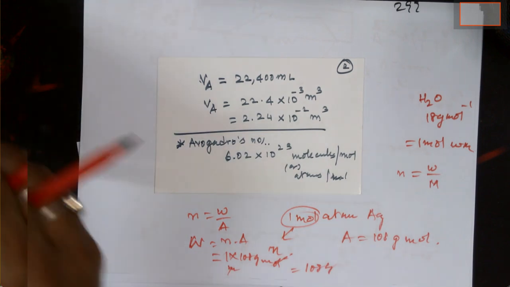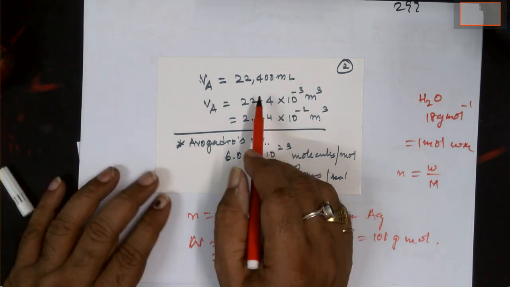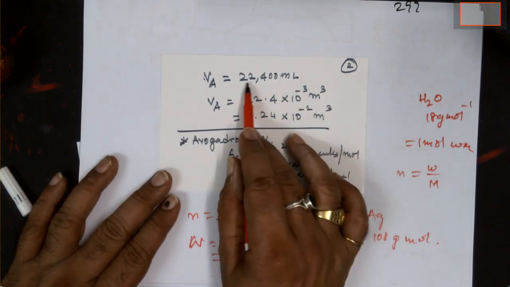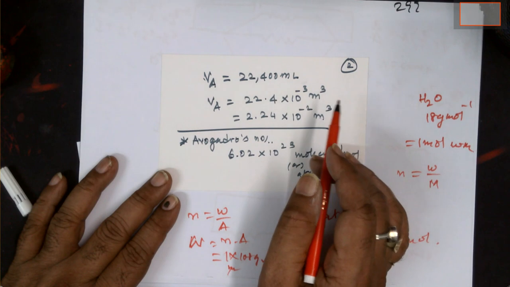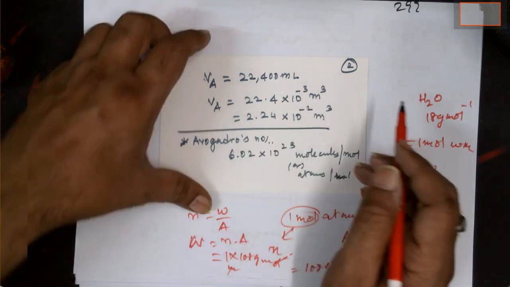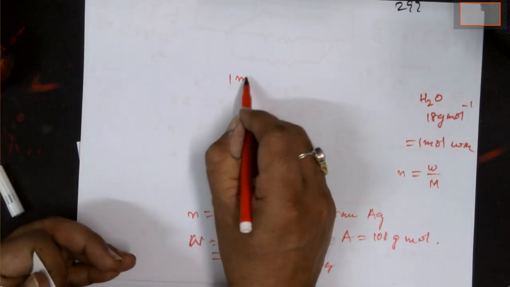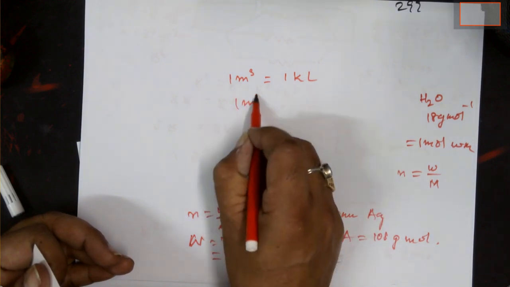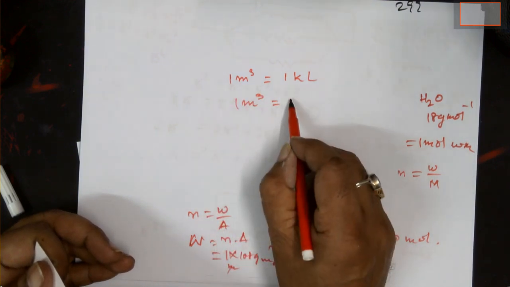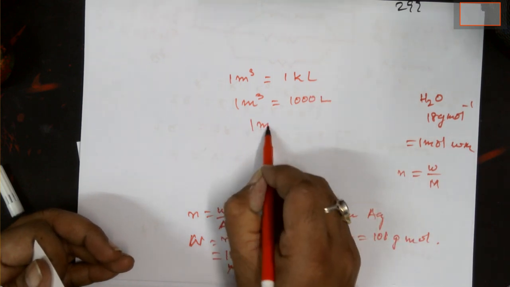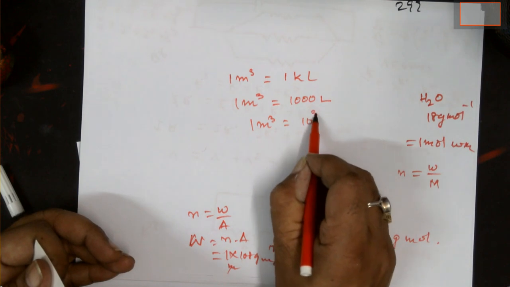Avogadro's volume can also be represented in terms of ml. So 22.4 liter means 22,400 ml, and it can be represented in cubic meter also. We know 1 cubic meter is equal to 1 kiloliter, that is 1000 liter, so 1 cubic meter is equal to 10 cube liter.